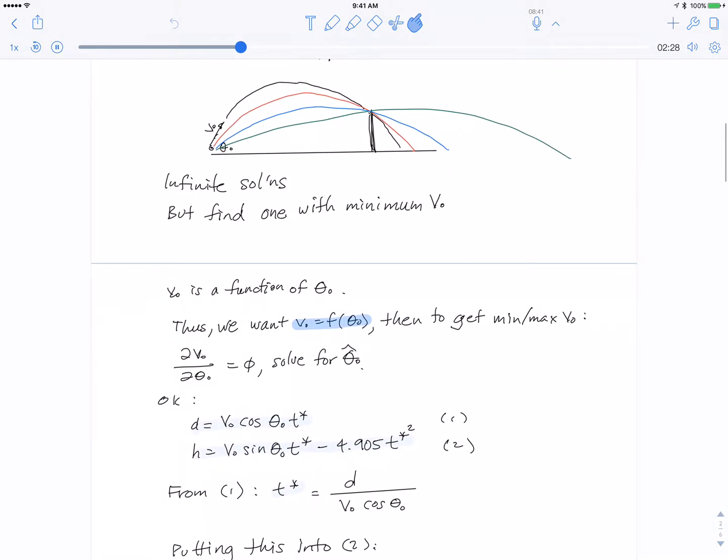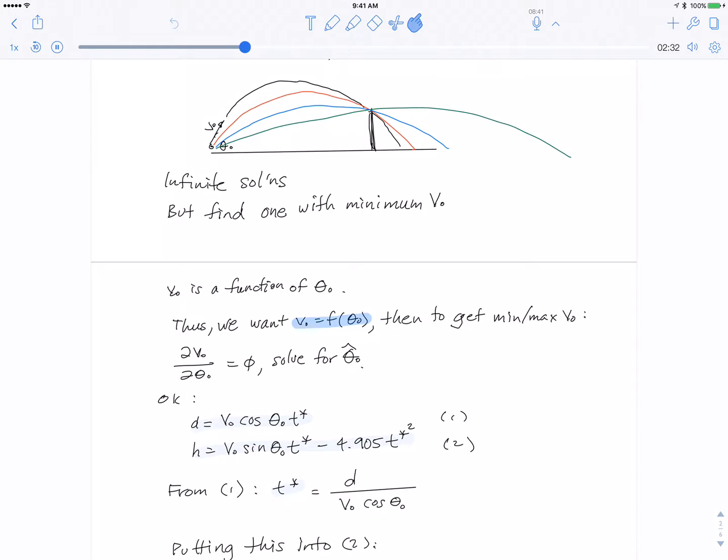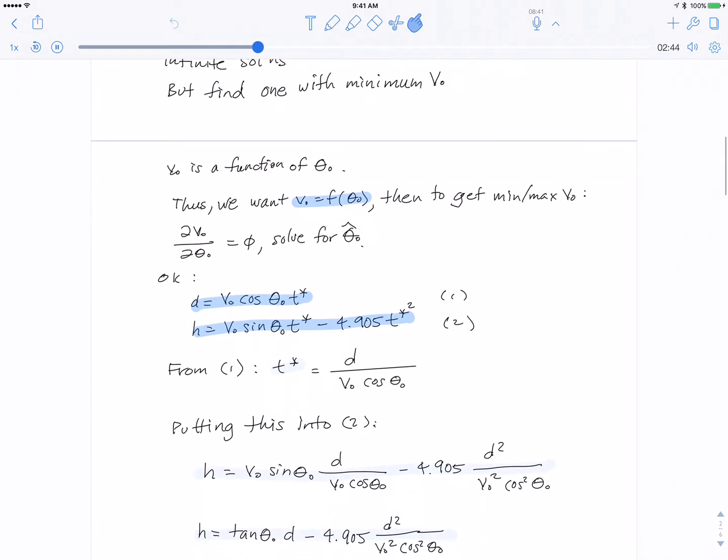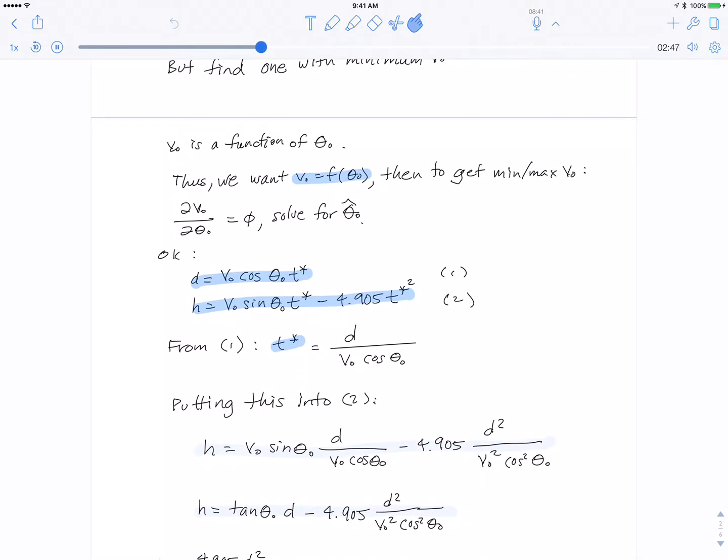and then solve for the theta that minimizes that and then plugging it back in. Okay, so here are our 2 equations, and what we need to do is make v a function of theta, which means getting rid of the t. So you solve one for t, and then you put that back into 2, and then you get this kind of ugly equation.